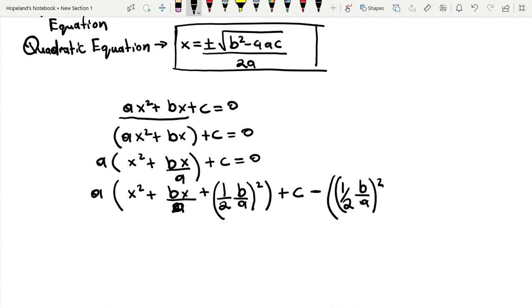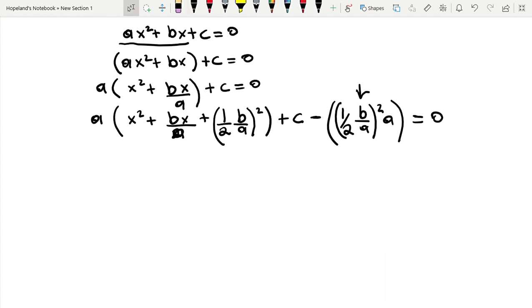We also have to multiply that by an extra a, and all of that is equal to 0.